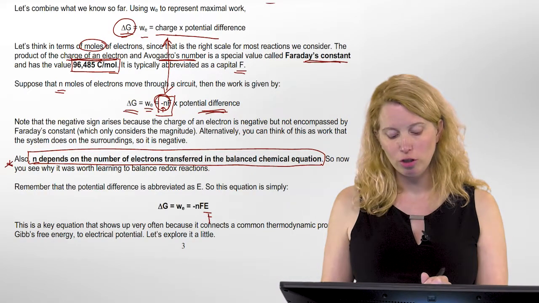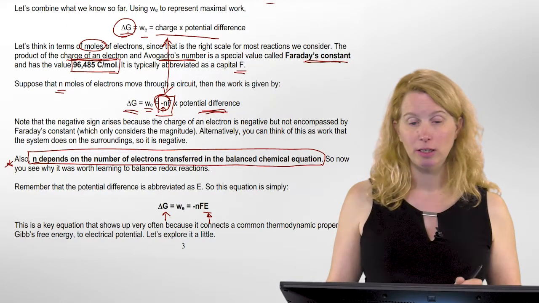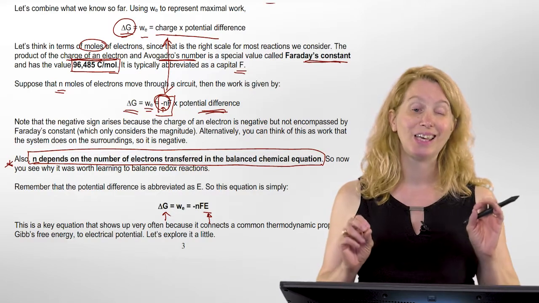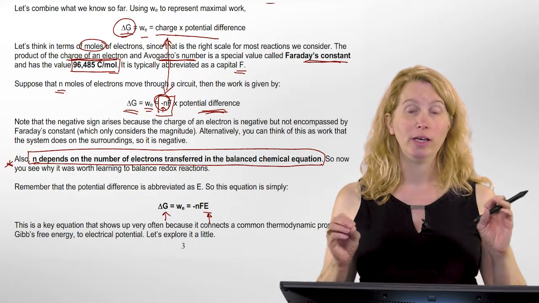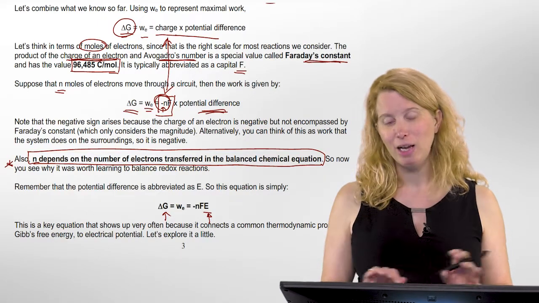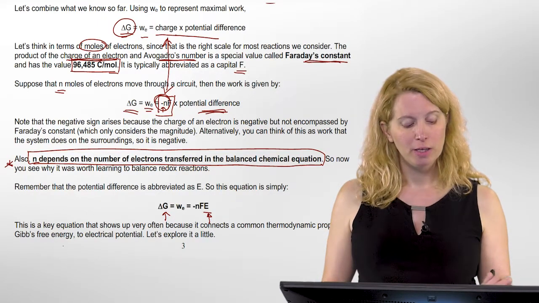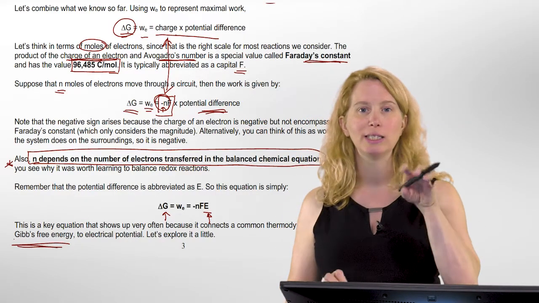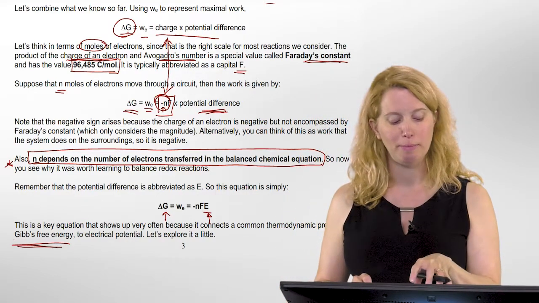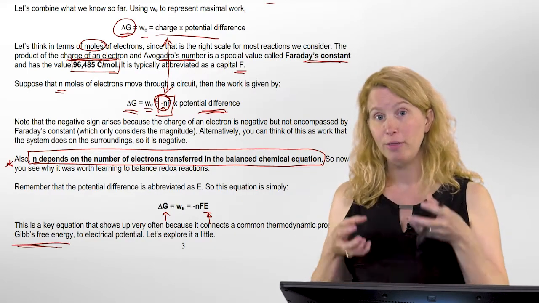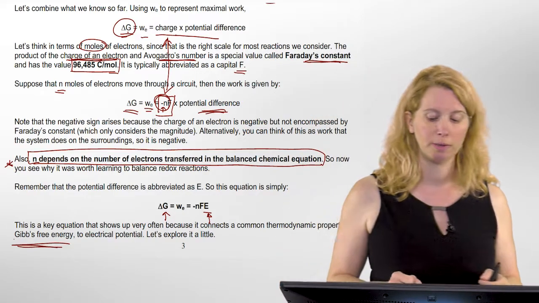So the potential is directly connected to the Gibbs free energy of the underlying chemical reaction. This is a key equation in the thermodynamics of redox reactions, or electrochemistry. It comes up over and over again because it allows us to connect Gibbs free energy, a really central player in chemical thermodynamics, to electrical potential, a central player in the physics of understanding circuits.